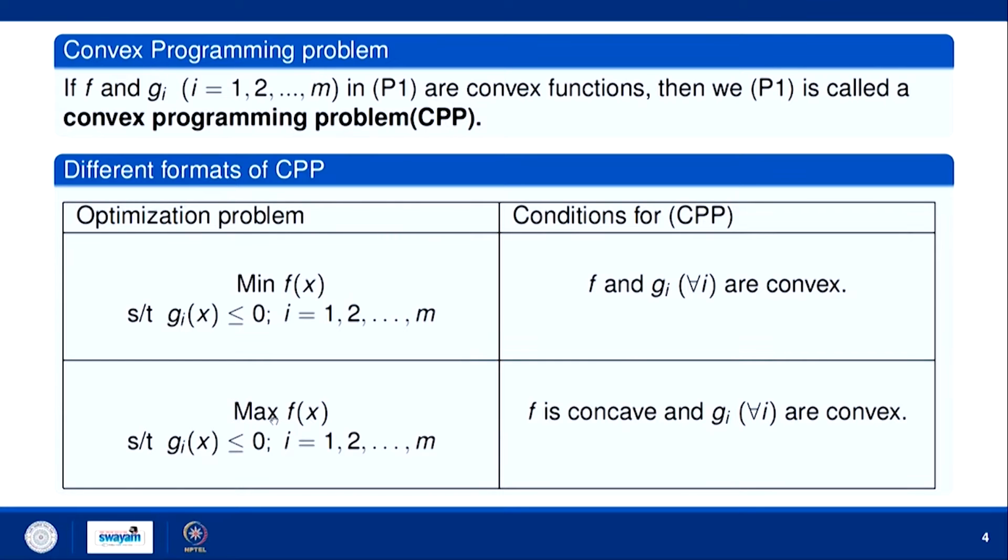But if the objective function is of maximization type and g_i is less than or equal to 0 for all i, then this is called a convex optimization problem or convex programming problem if the objective function is concave and g_i for all i are convex.